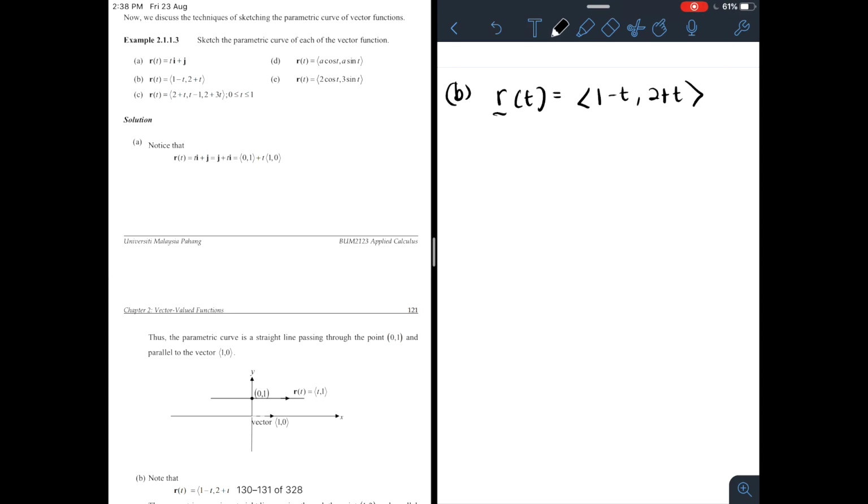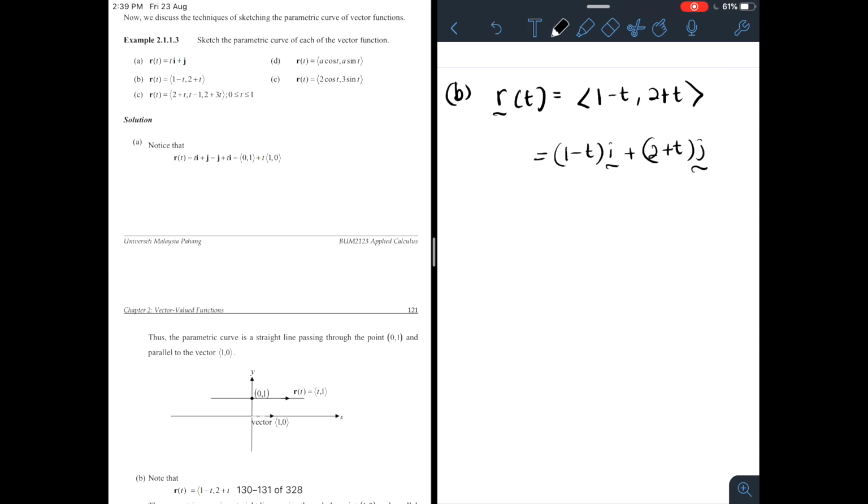If I rewrite my vector function, I will get (1 minus t)i plus (2 plus t)j, and then I make sure I separate the vector that is associated with t and the vector that has nothing to do with t.